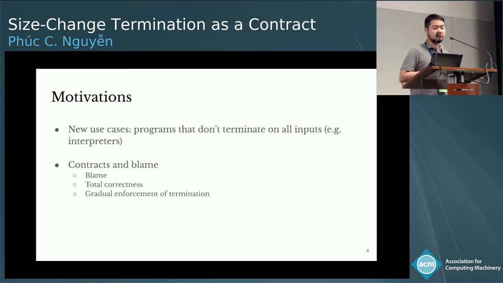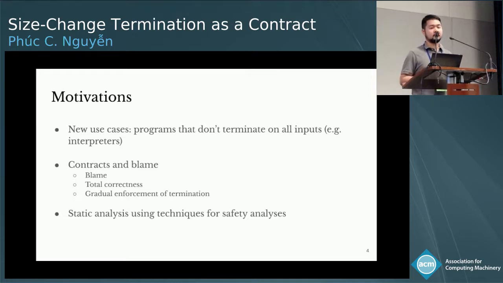And with function contracts that can enforce total correctness, this work potentially opens the door to sound gradual integration between dynamic and static languages, even when the static language is able to express total functions. Another motivation is that with an operational semantics for checking termination at runtime, we can straightforwardly derive a static verifier for termination the same way as we would for any safety property.